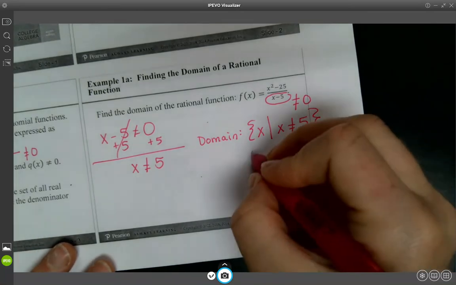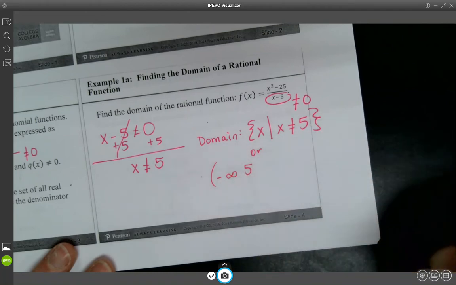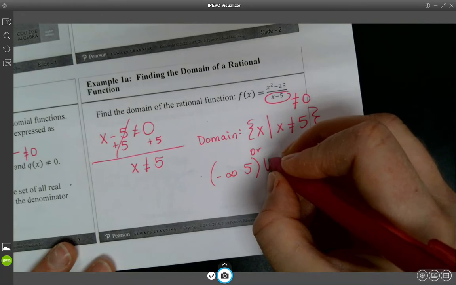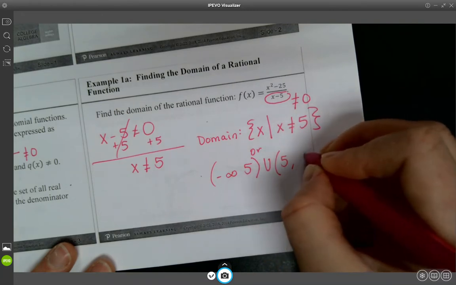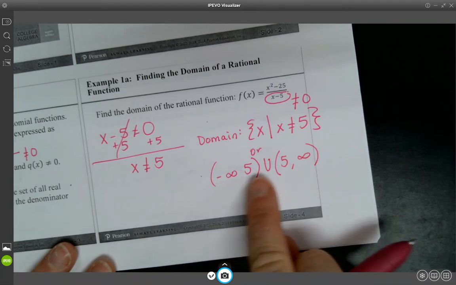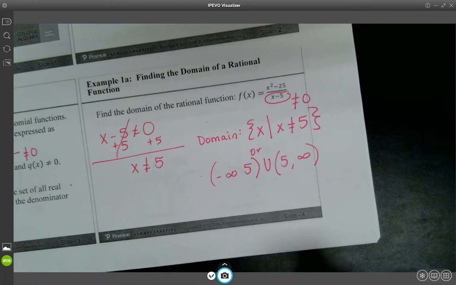Another way to write this would be negative infinity to 5, not including 5, so we have to use that parenthesis, union that with 5 to infinity. So what this does is it's everything except for 5. So that's one way of writing that.